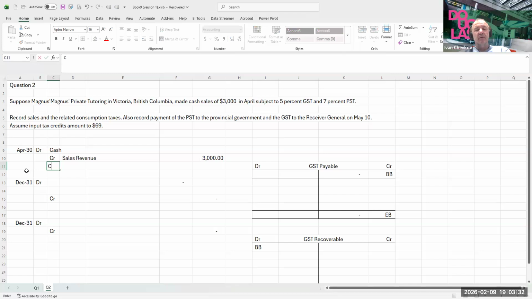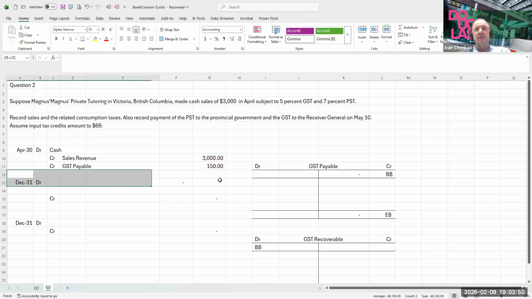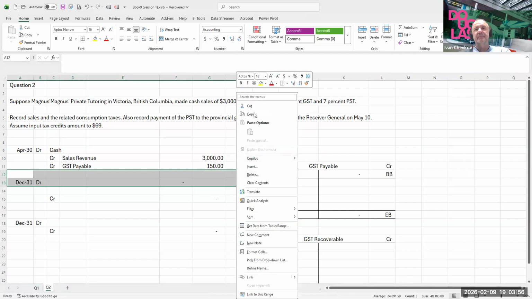So automatically we're going to have a credit to GST payable, which will be for the amount of 3,000 times 0.05, that is 150. And then we have another amount we have to plug in here, and that will be for the PST.